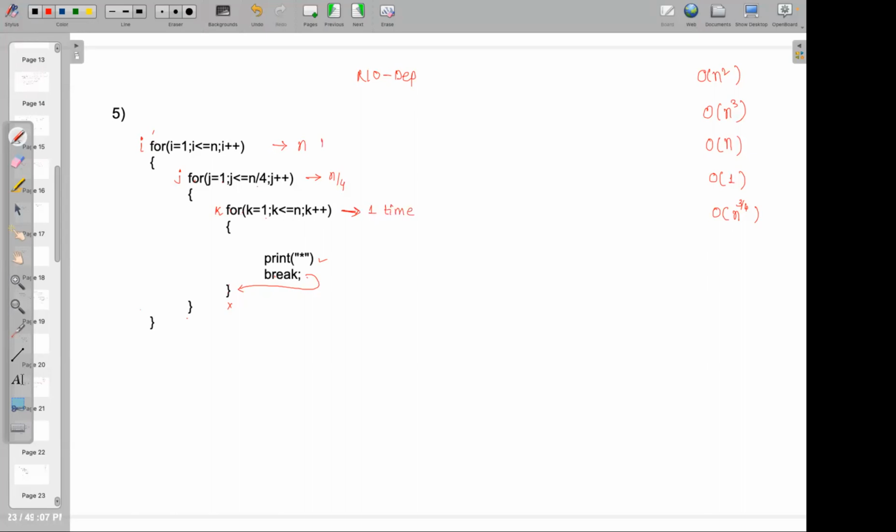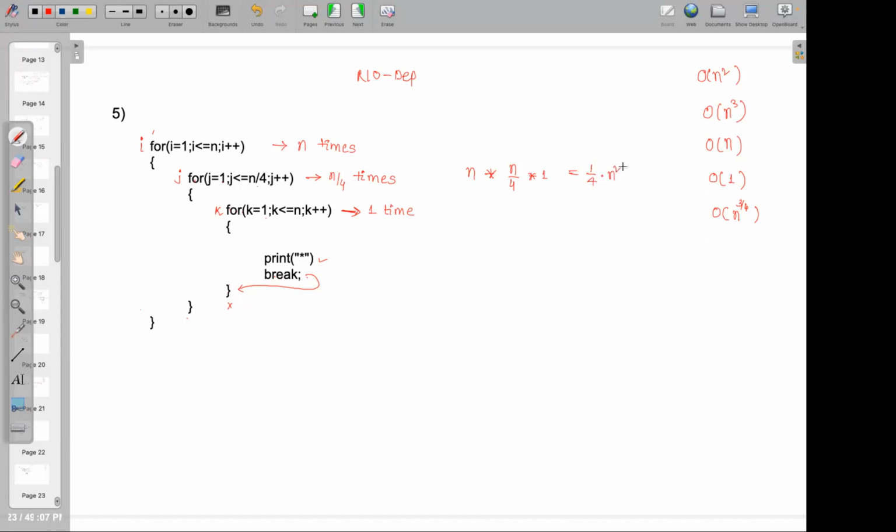This is running n times, this is running n by 4 times, and this is running one time. If it is a nested loop, you can multiply. n times into n by 4 times into one time, which is nothing but n square by 4, which means 1 by 4 into n square.